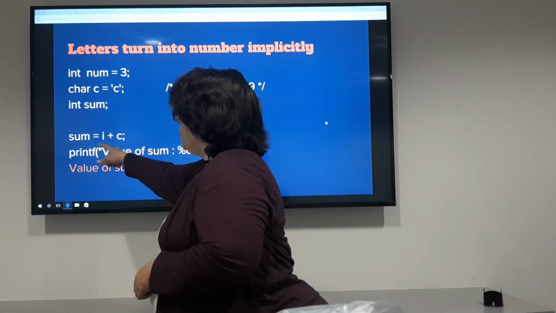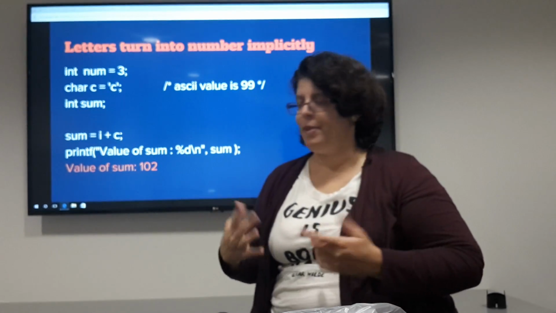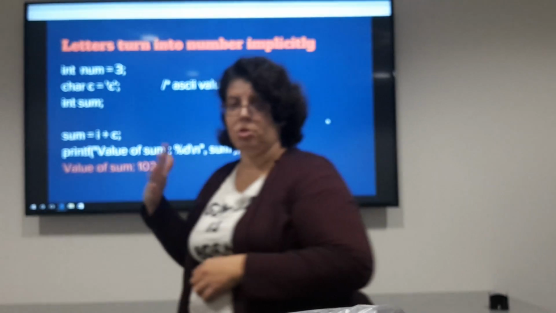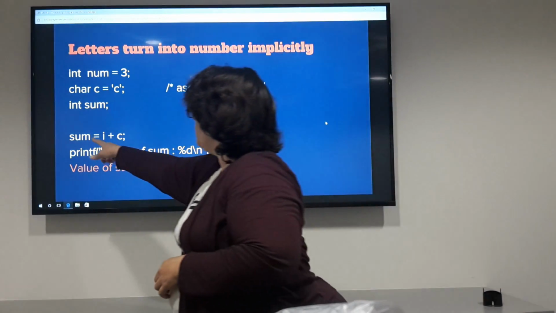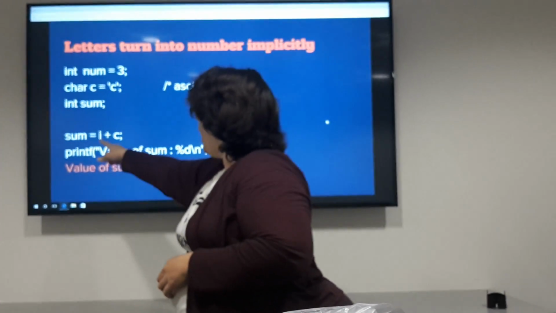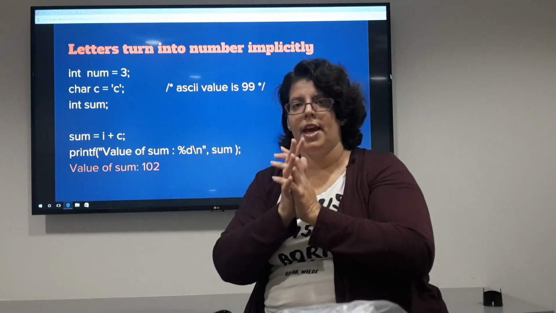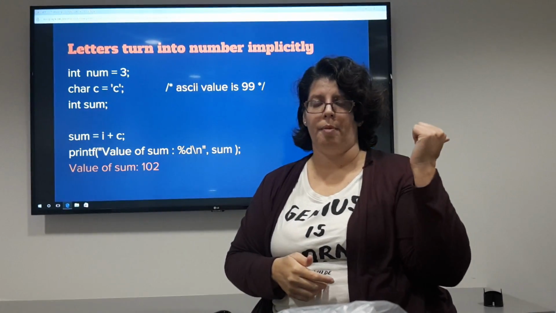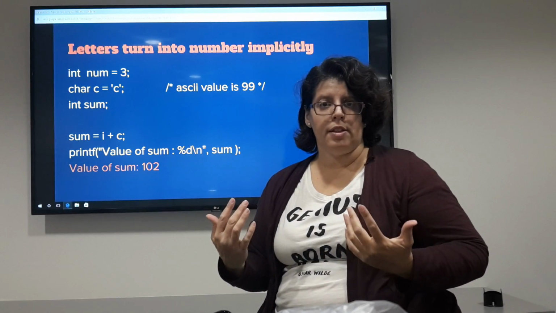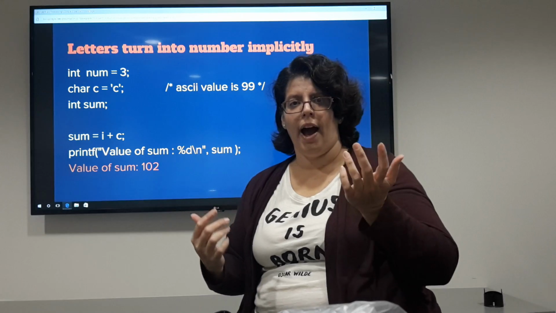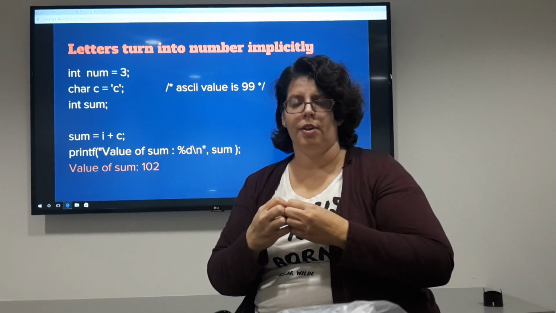So on this line here, this is where the actual conversion happens. I say this sum, which I know is of type integer, this sum is going to be the addition of I plus C. So get I, get C, add them together, and put the answer inside of sum. So the system gets this instruction, and it figures out, all right, so I need to add I and add C and put them together.